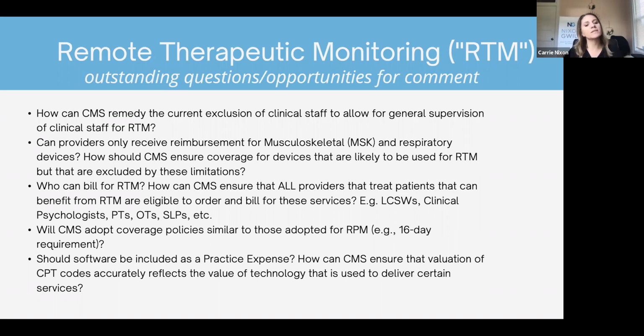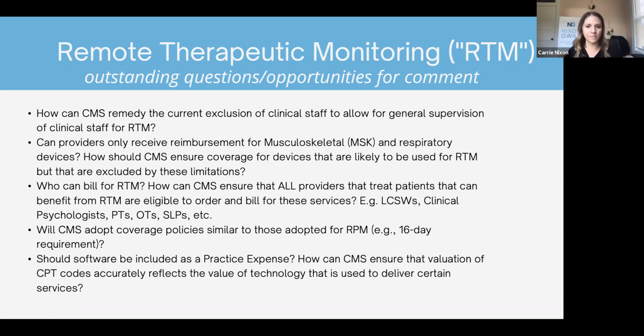And then finally, one of the specific questions that CMS actually asked in the proposed rule is whether software should be included as a practice expense. Practice expense is one of the ways that CMS values the codes that they reimburse for. What they're asking here is, should we consider software that is a part of these RPM or RTM solutions in valuing the RTM codes?